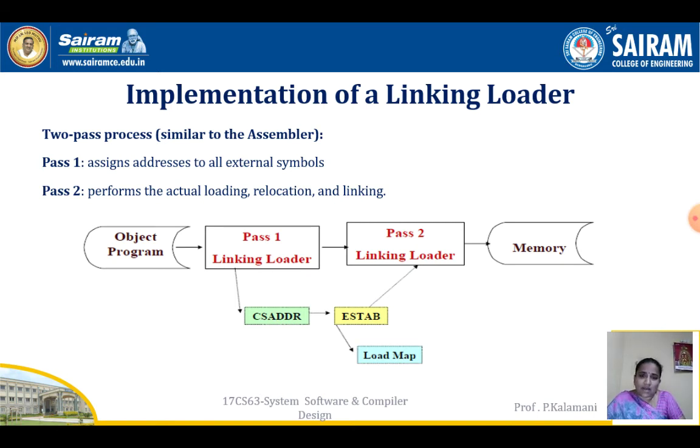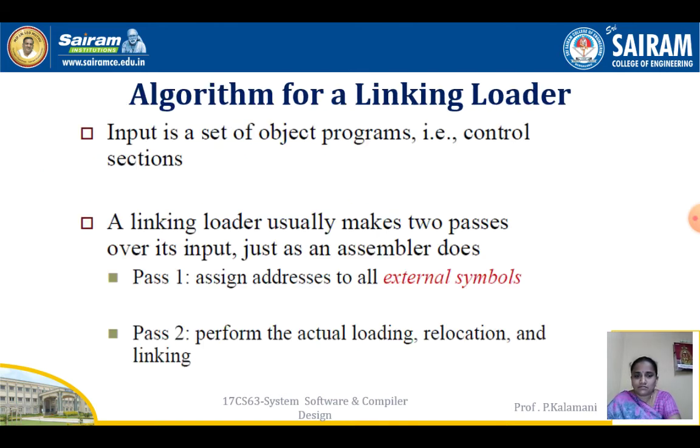Then pass 2 of the linking loader does the actual loading functions: loading, relocation and linking. Then it indicates the address of the first instruction to be executed, and execution starts. So for the linking loader, the input is a set of object programs, shown as control sections.